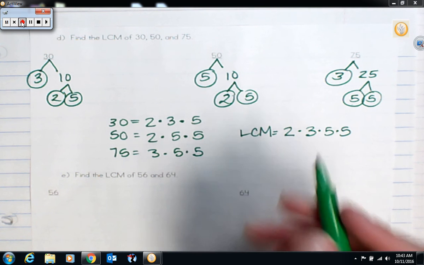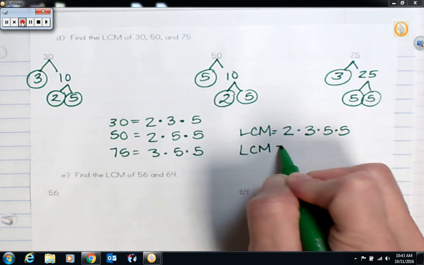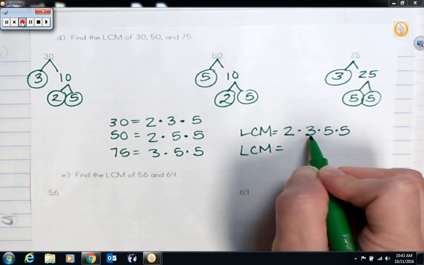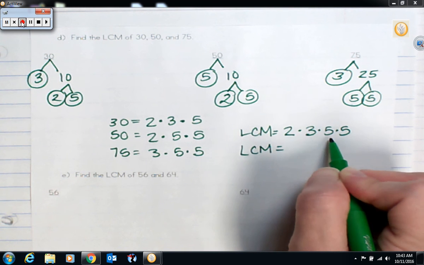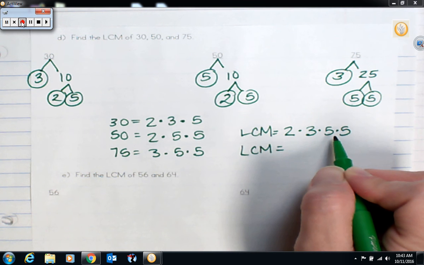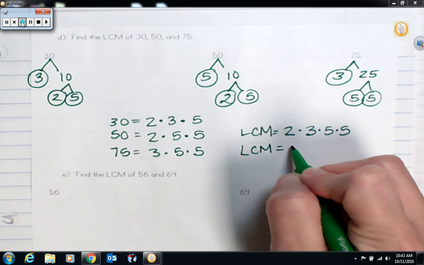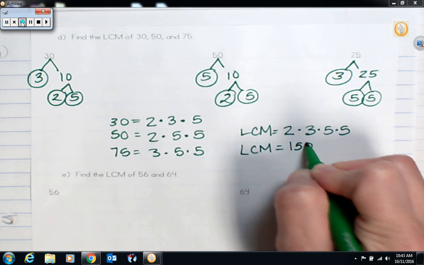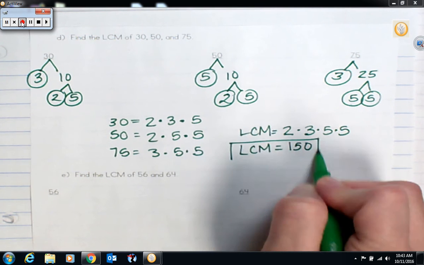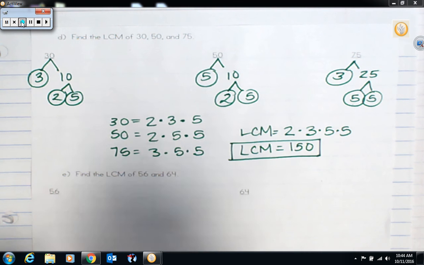Then I multiply 2 times 3, which is 6, times 5, which is 30, and 30 times 5 is 150. So then my LCM for 30, 50, and 75 is 150.